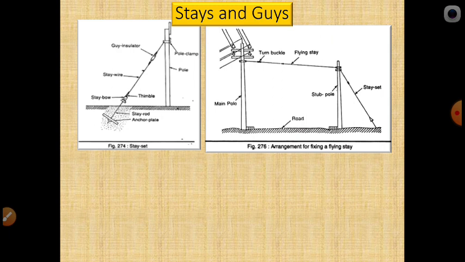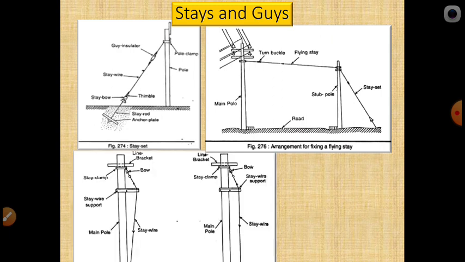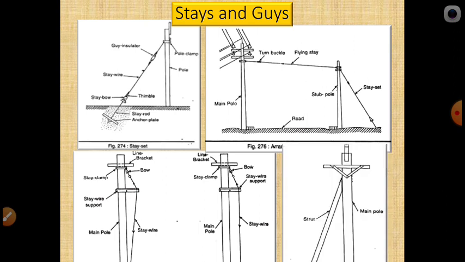The pole is supported in parallel. Here the first one is the angle, and this is the parallel one. You can use another type of stay also. So these are the different types of stays for different applications. A stay is only a support. If it is not possible to use a stay wire, then we can use a strut.